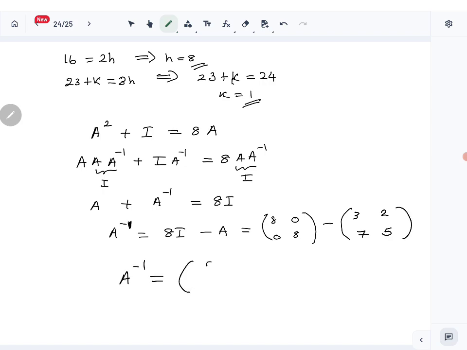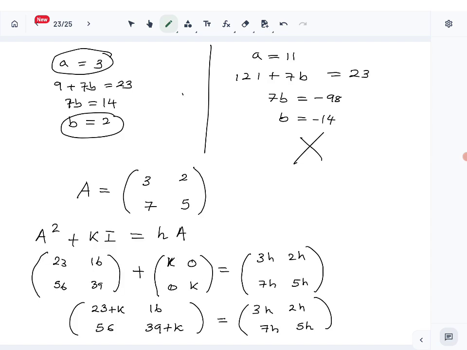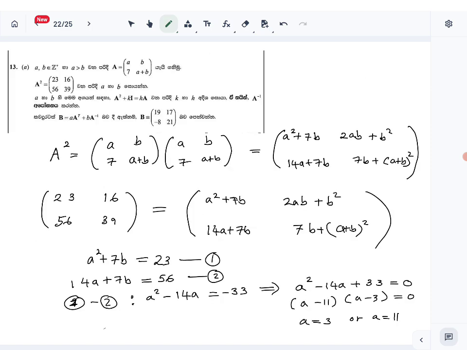A inverse is 5, minus 2, minus 7, 3. Right. So that is A inverse. Right. So that one is done. Then let's see what's the next part.